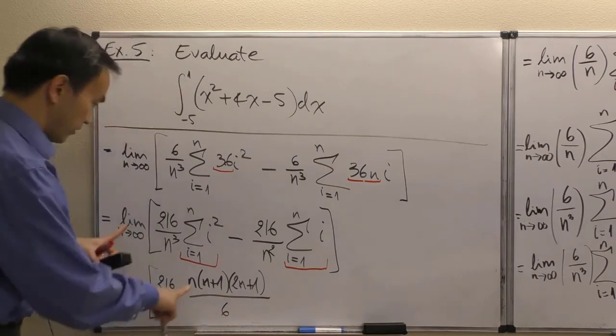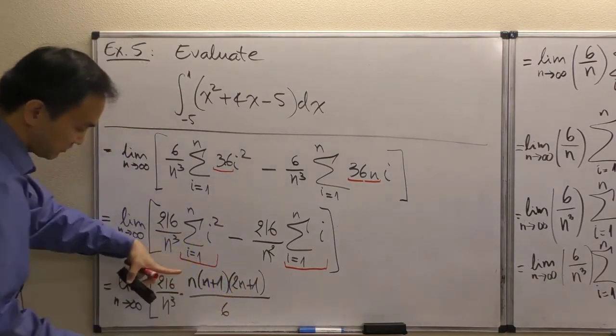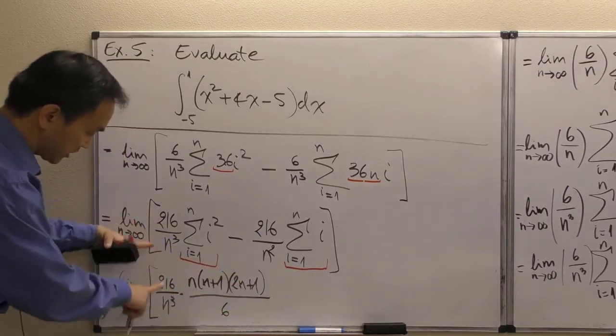So the whole summation on the i squared terms becomes that fraction, and the 216 over n cubed is still here.